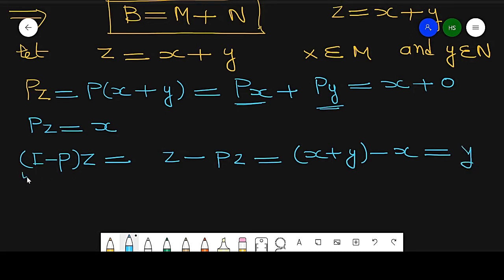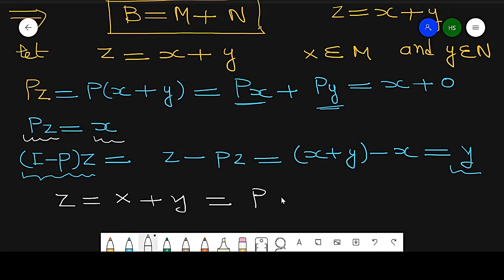So Z can be written as x plus y, where x is PZ and y is (I minus P) of Z. So it means this expression is unique.